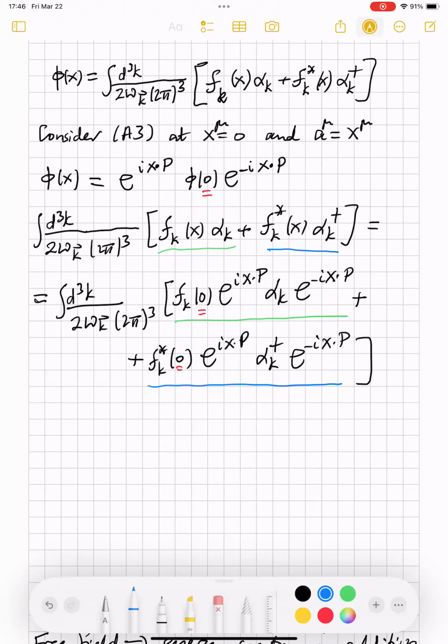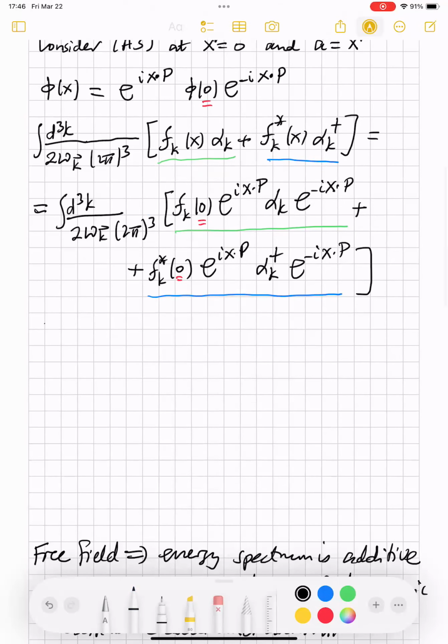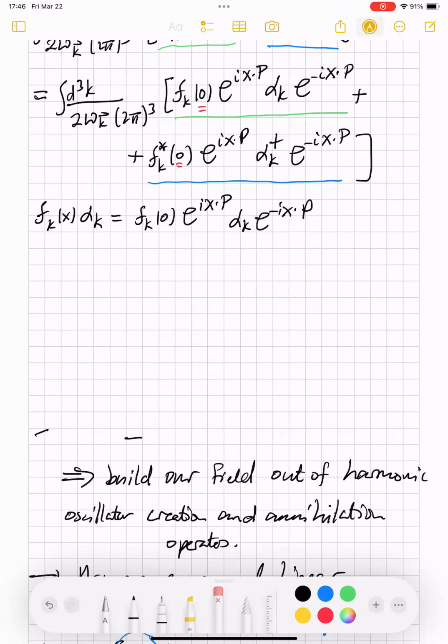So all that I want to do now to satisfy this axiom is to say fk of x alpha k is equal to fk of naught e to the I x dot p alpha k e to the minus I x dot p. And if I can satisfy that condition, then I have used up axiom 3. So that would be great.